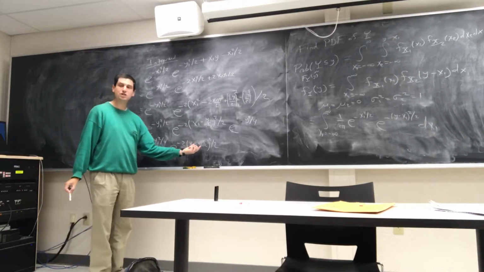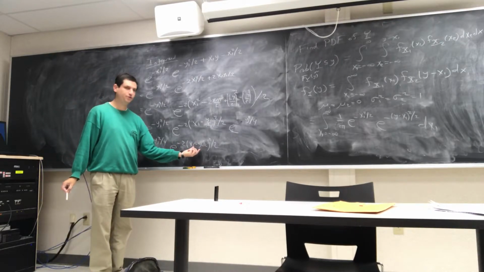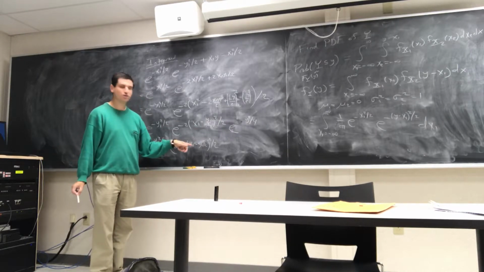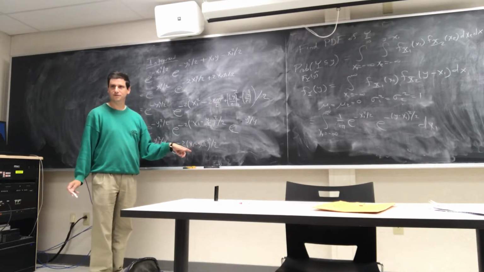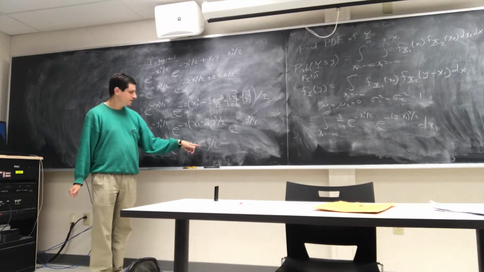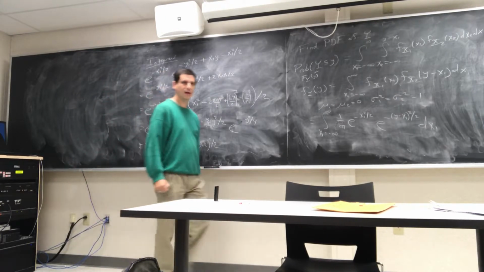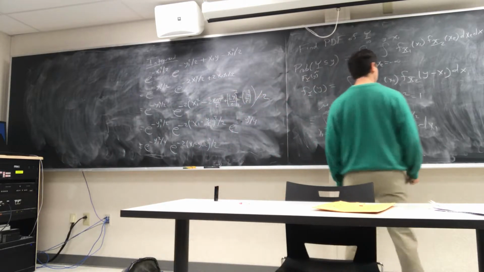Over here, I'm going to integrate this. x1 is going to go from negative infinity to infinity. This looks a lot like a normal. Now I have to identify what is the mean and what is the variance. But does the y1 dependence really matter? I'm just translating the whole thing.